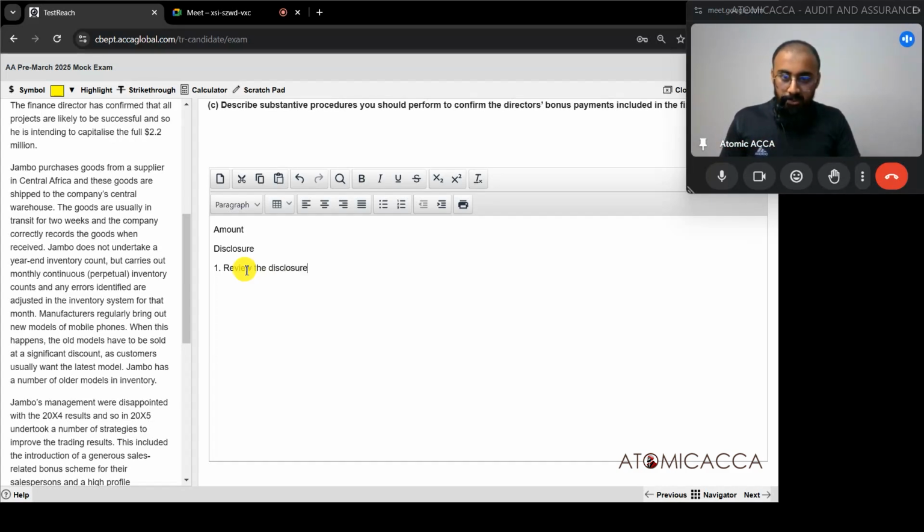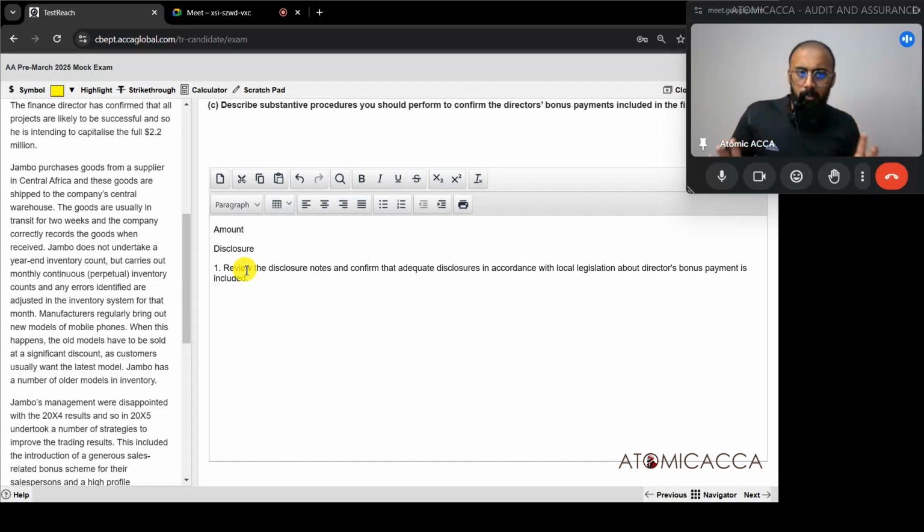Review the disclosure statements, review the disclosure notes, and confirm that adequate disclosures in accordance with local legislation about directors bonus payment is included. So we're done with 1 mark. About disclosures we found out.